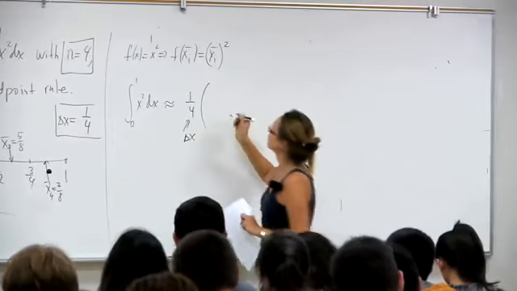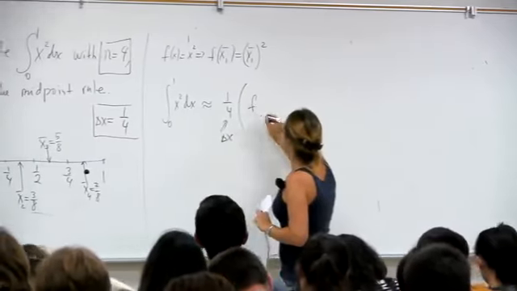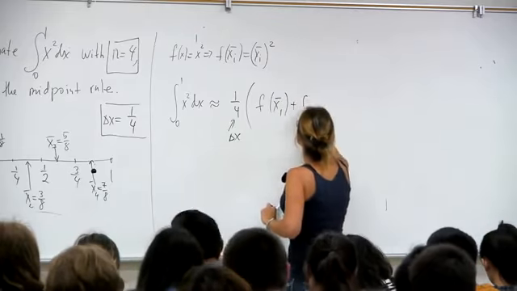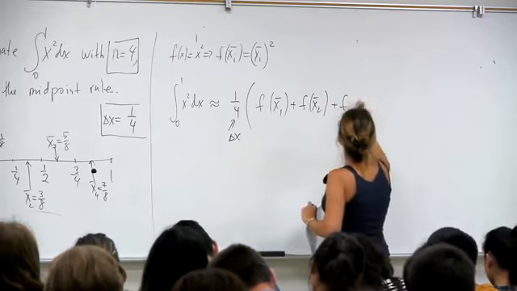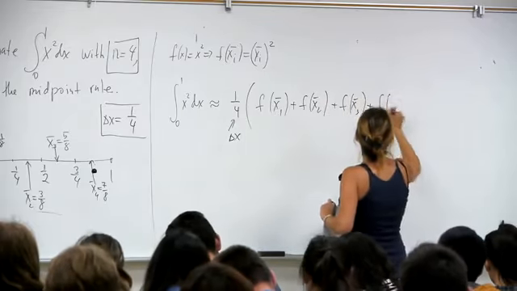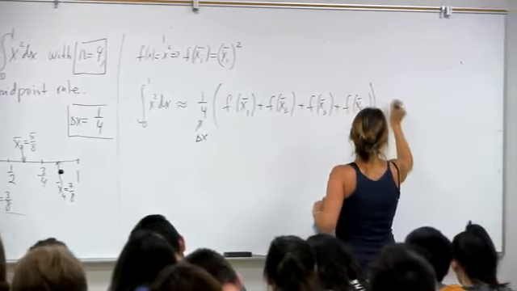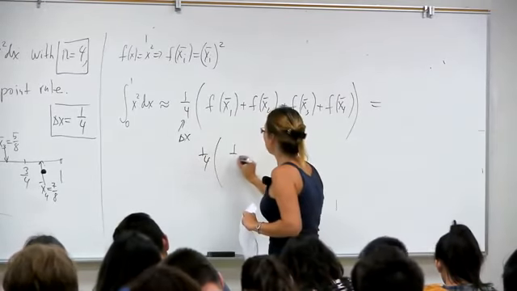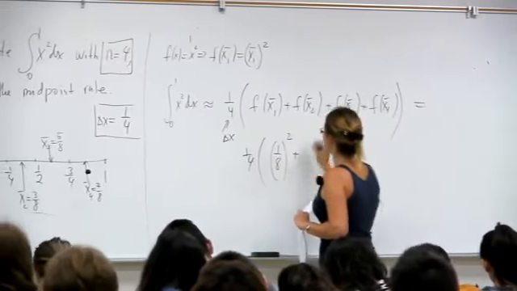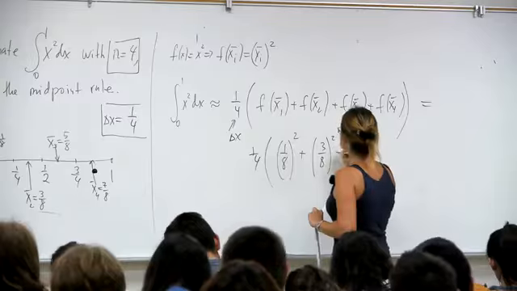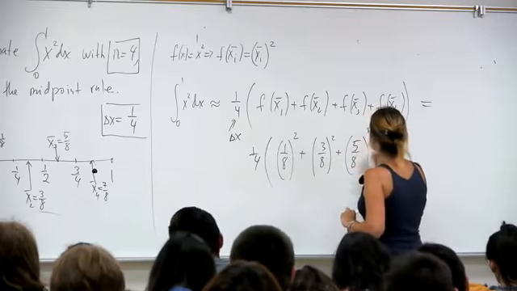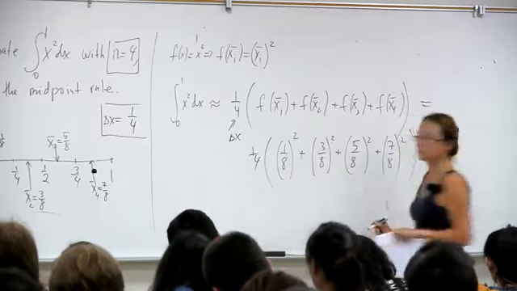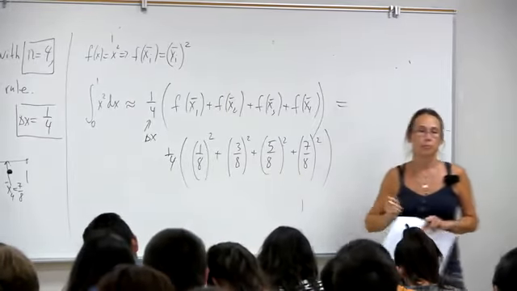So I have 1/4 that comes out. And here I have the sum f of x1, x2, x3, x4. So 1/4 of 1/8 squared, 3/8 squared, 5/8 squared, 7/8 squared. Okay.